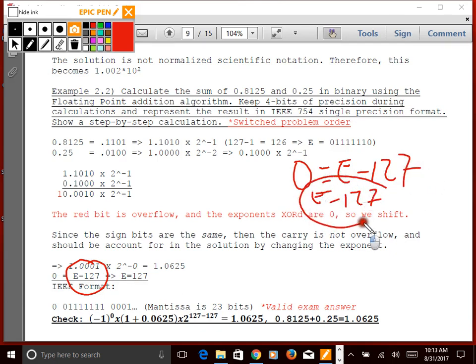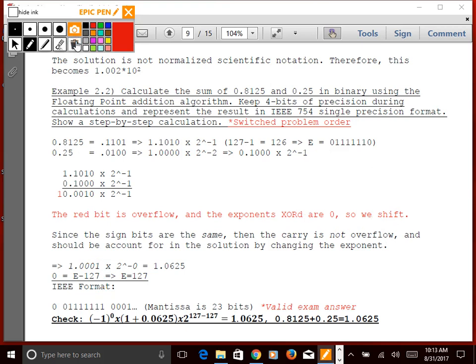So that means that the value that we're putting into the IEEE 754 format is going to be 127, which is this value here. So in this case, the mantissa is going to be 0001. Does that make sense? And that's the value that goes here. And since it's positive, that's going to go there. So a valid exam answer is this.